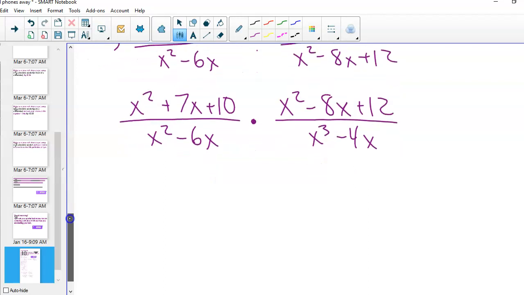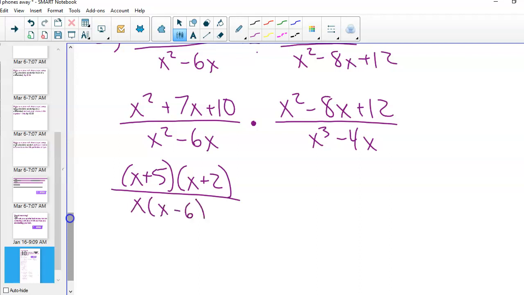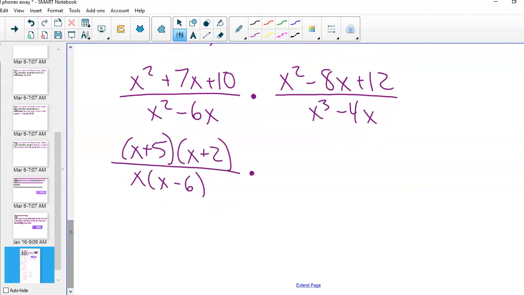So this polynomial would be 5 and 2. This one you can factor out an x. This one would be what? 6 and 2, both negative.